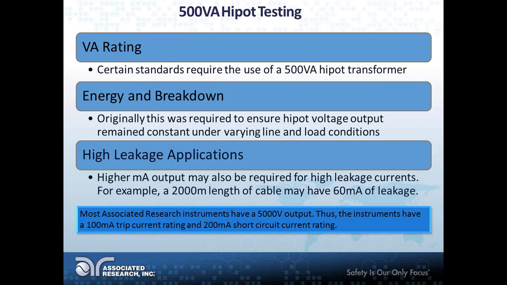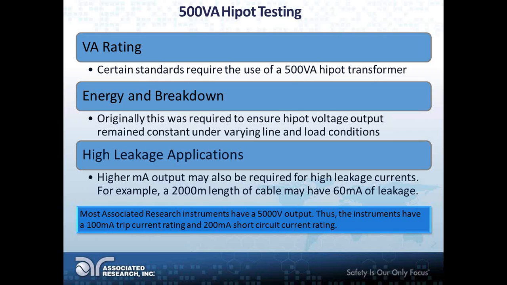Originally, this was required to ensure that the Hipot voltage output remained constant under varying line and load conditions. A Hipot capable of producing 500 VA should provide enough output power to test a device under a loaded condition without allowing the output voltage to fall below the specified setting.